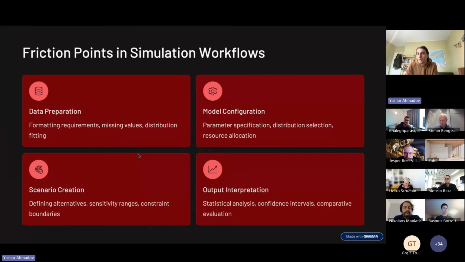So understanding the output, what is it telling me? What can I do about it? If there is a problem, it tells me, okay, there is a congestion problem. Yes, but what can I do about it? If the solution gives me ideas, that's great, a value-added thing. Like the statistical analysis, building confidence intervals, comparative evaluation. This part has also mainly been manual in most of the companies.